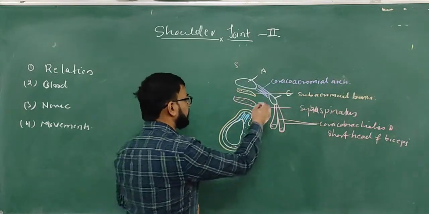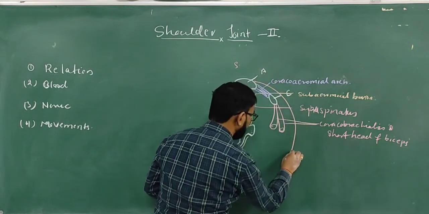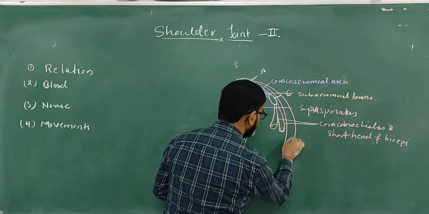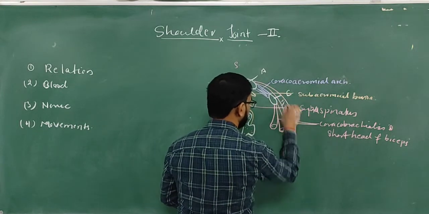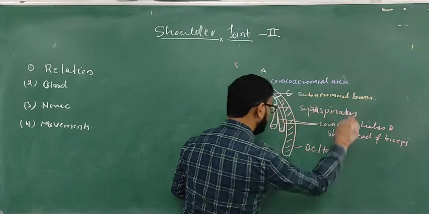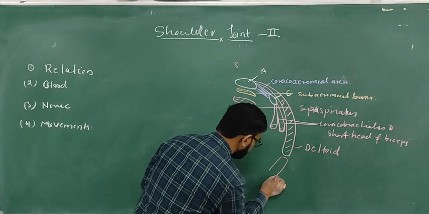And there is the deltoid, the anterior fibers of deltoid, and there is the pectoralis major muscle.